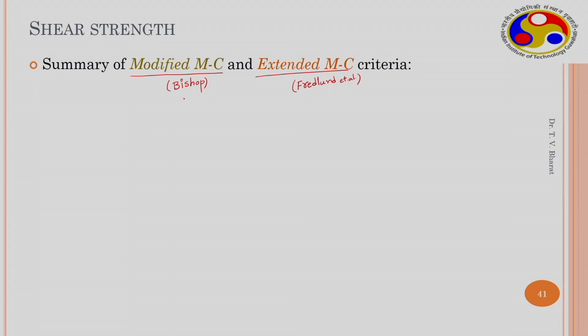Here the strength parameters are C dash, phi dash and xi f, which is a functional form, a function of u a minus u w. In Fredlund et al., the strength parameters are C dash, phi dash and phi b. So, these are the strength parameters in Bishop, and these are the strength parameters in Fredlund et al.